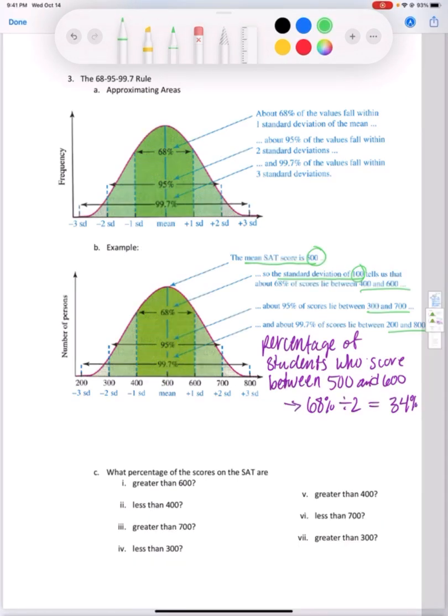In part C here at the bottom, we are going to find out some percentages of scores that are in various parts of our graph, like greater than 600 or less than 400 or greater than 700. And so we can deduce all of these by using the percentages.